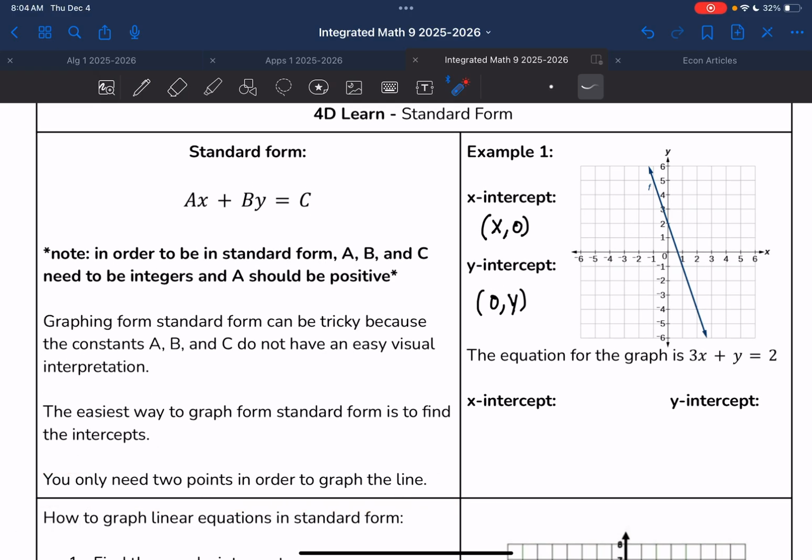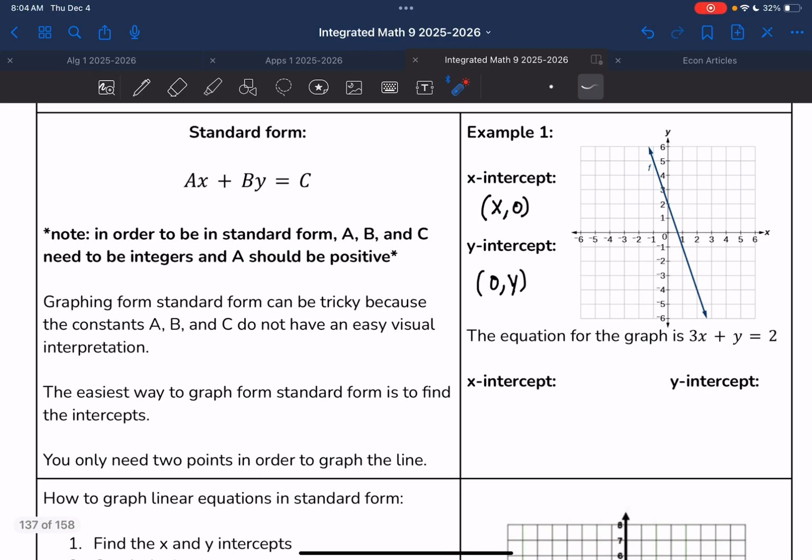Any line is defined by any 2 points on it. If you have 2 points, there's only one line that can connect them. So if we identify 2 points, we can graph the line. What are going to be the 2 easiest points to find? Probably the ones where we can set one of our variables to be 0.